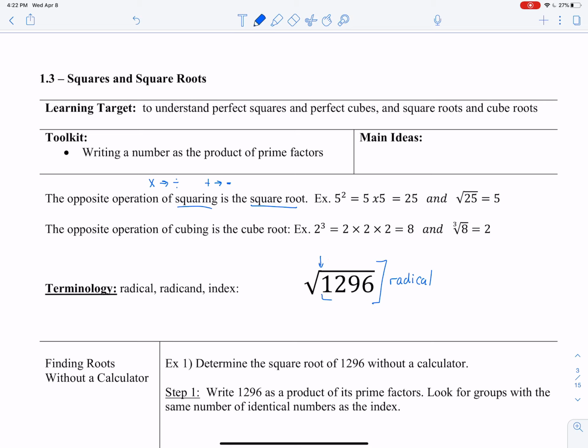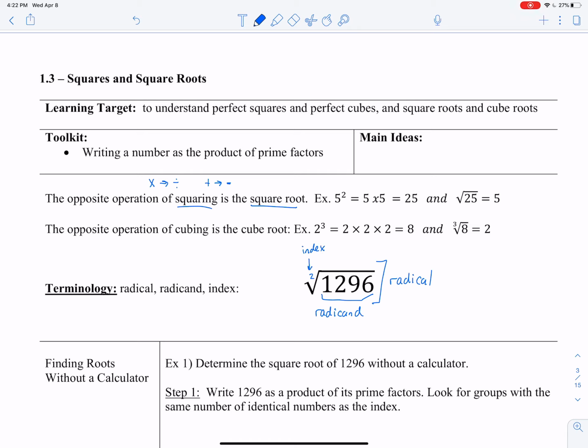This number underneath the root sign is the radicand. And in here there's no number, but there could be a number right here. That is the index.